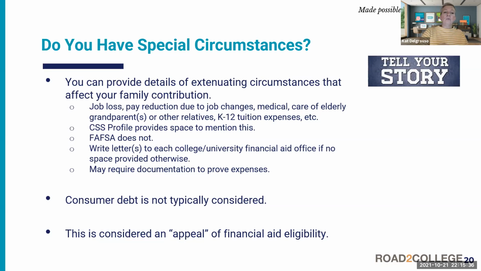You're going to have to also write to that 4th school that's FAFSA only and tell them what you've already told all the other schools on the profile, because there is no section for you to write that. So you'll have to communicate that information to a FAFSA only school in a different way.